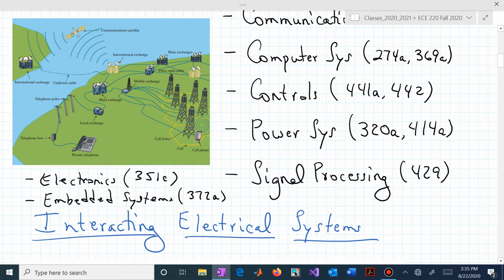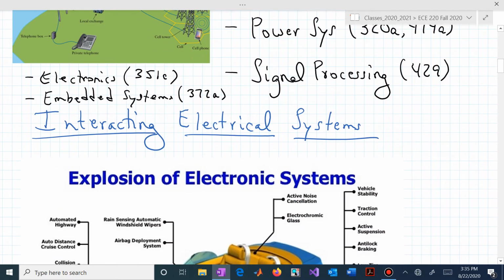So all of these electrical systems are interacting, and you can't just say, oh, I'm just going to do electronics. You probably need to be able to interface and interact with other people, other subdisciplines within electrical and computer engineering, and also in other areas of engineering.